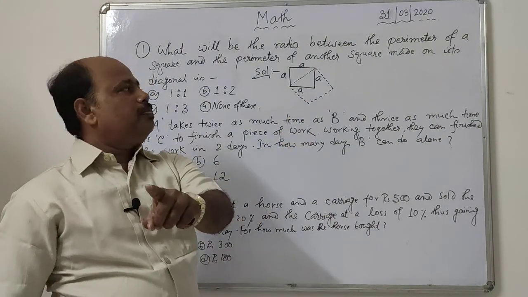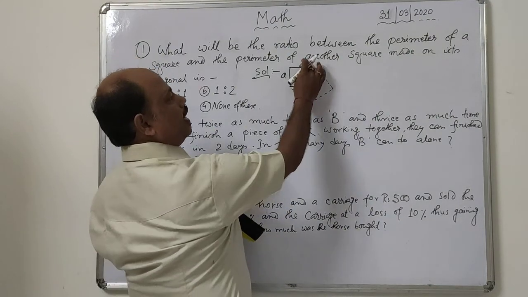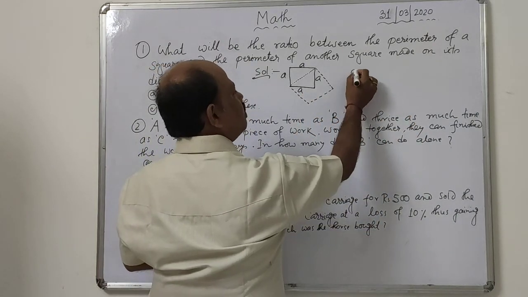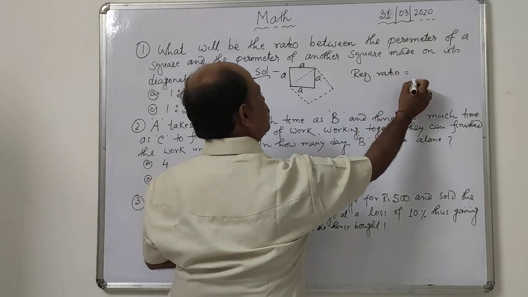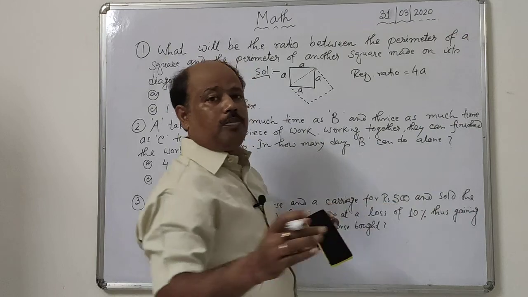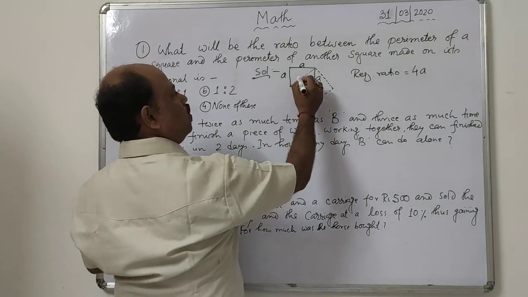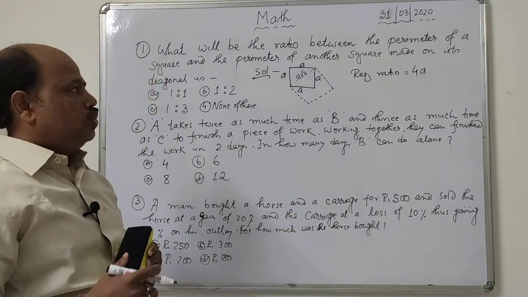And you know very well perimeter of the square is 4 into side. Since side is A, therefore perimeter will be 4A. Therefore, required ratio equal to 4A, that is the perimeter of the square, and also you know the diagonal. Diagonal means L2.